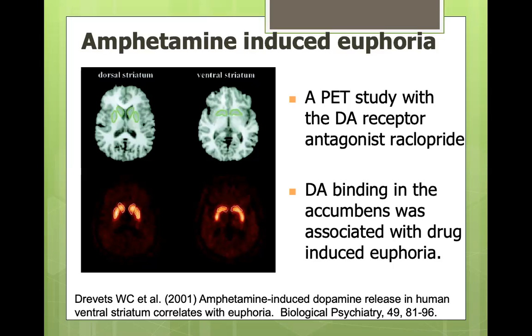And we all know about how some drugs which cause euphoria release dopamine. And so the nucleus accumbens communicates with the ventral striatum, and the more dopamine we release in the ventral striatum, the more euphoric we feel.